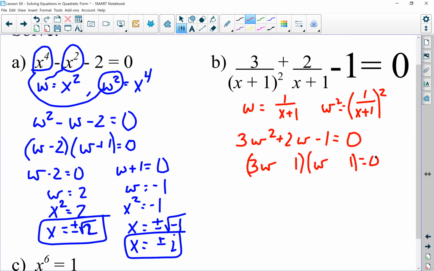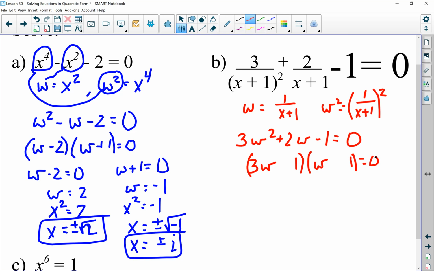Okay? So I know when I FOIL, I take 3w times w, and that gives me 3w squared. I would take 3w times 1 and 1 times w, and I need that to be positive 2. And I know I need 1 positive and 1 negative because I have to have -1 at the end.